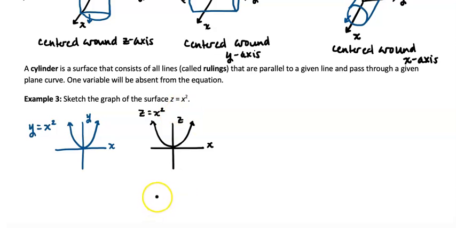But then what about y? Because we have the variables z and x, we know that this is in 3 dimensions, and so we can say that y is equal to k. In other words, when we just say y is equal to k, it means y can be equal to anything. So now let's draw this in 3 dimensions.